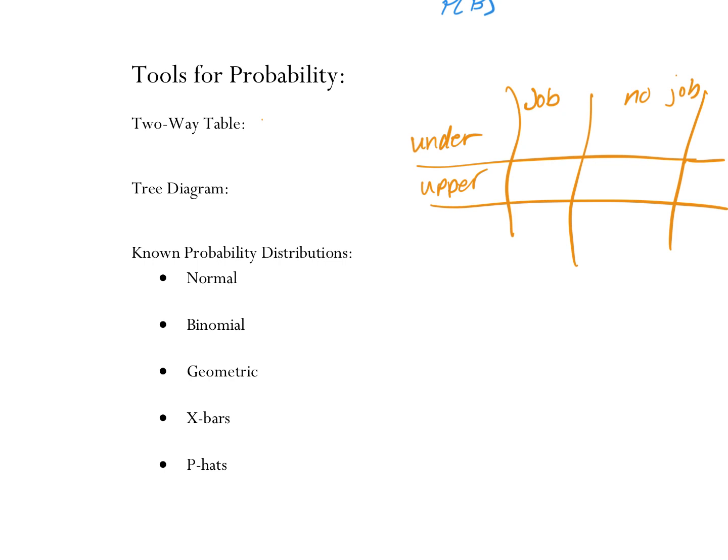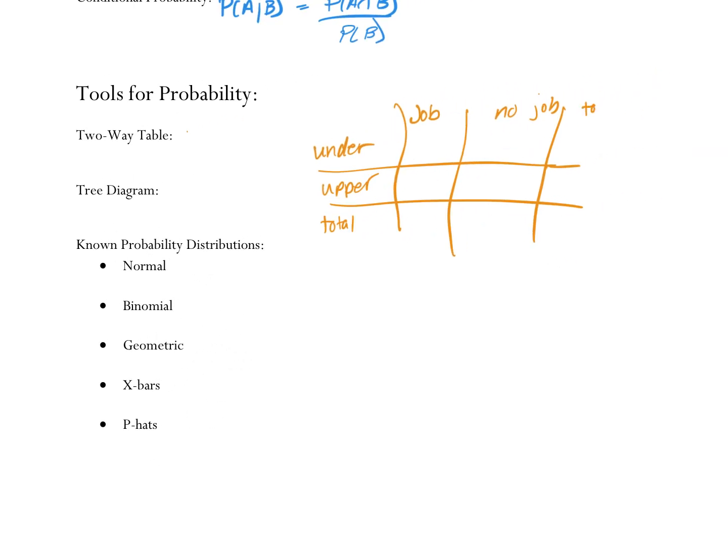And let's say this will be the total and total. Let's say this is 15, 47, which makes this 62. And then we'll do 41, 12, and 53 for a total of 115 people. And then let's be 6. Those numbers work out fairly nicely.